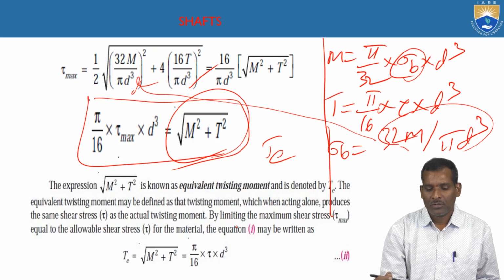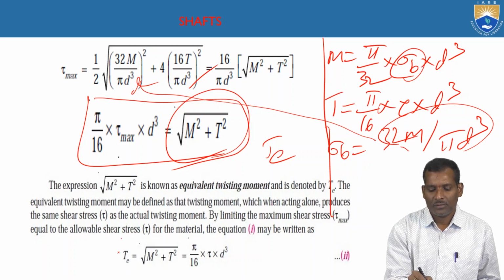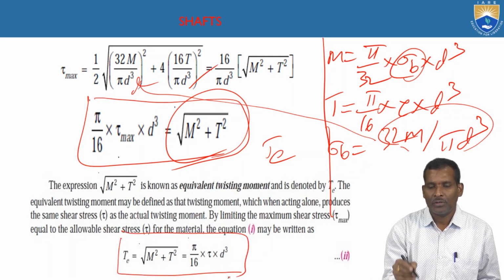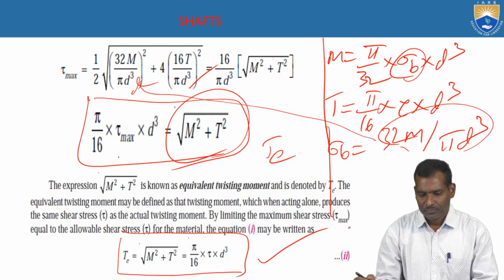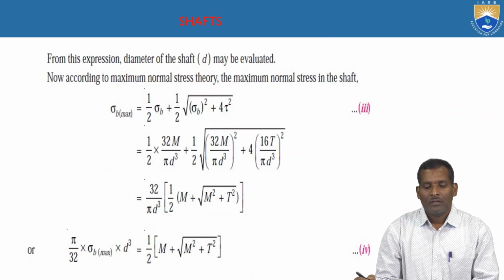Clear? So the above equation is written like this: Te is equal to square root of M square plus T square, which is equal to pi by 16 into tau into d cube. From this expression, the diameter of the shaft may be evaluated.